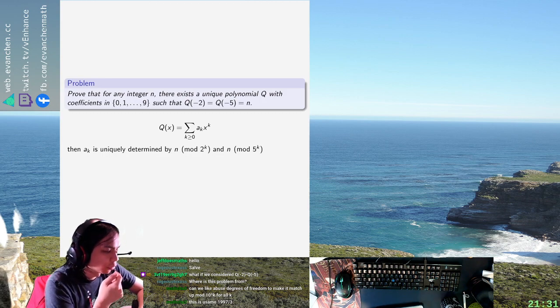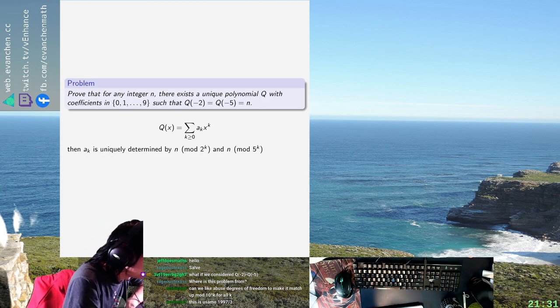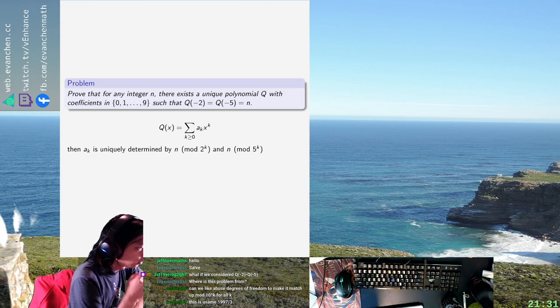We can get existence easily using the argument that you're suggesting. Like, you can make it match up to mod 10^k. The problem is that we need to also promise that all but finitely many of the a_k are eventually 0.